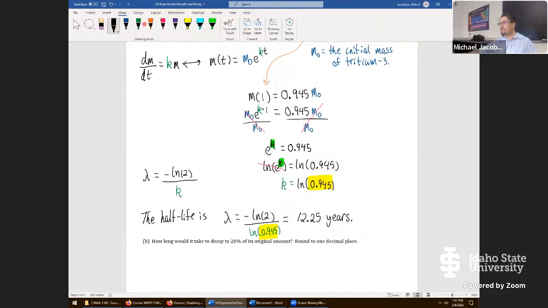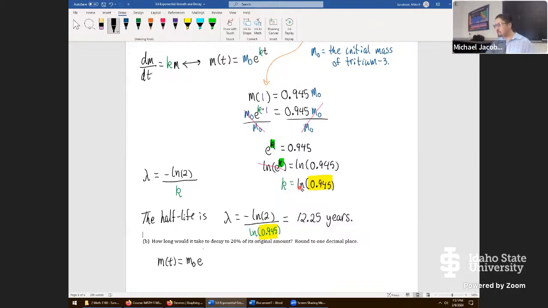To get through this one, though, we need to go up here where the function was and update it. It's now mass at time t equals the initial mass e to the power of this value k, which is down below right here, times t. Lost my place on that.